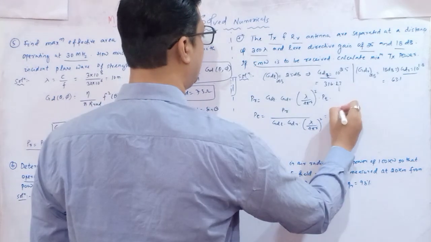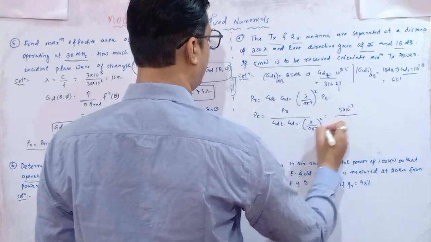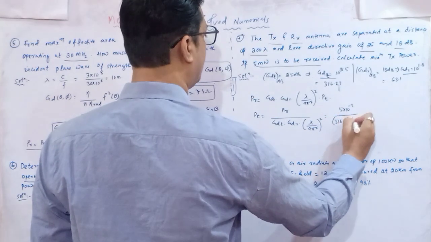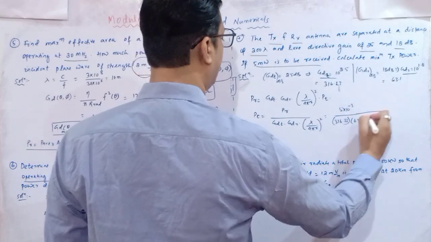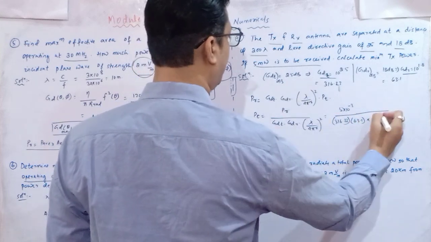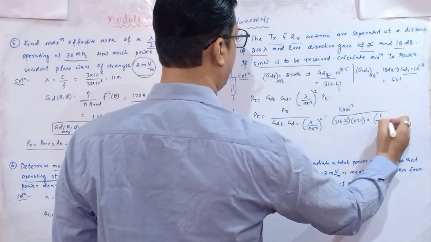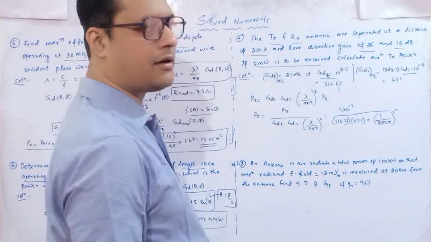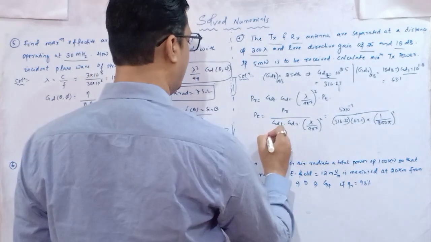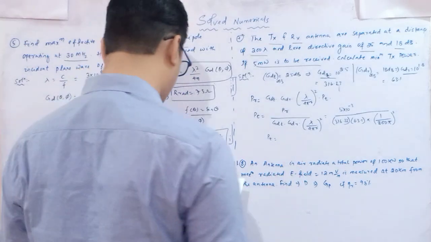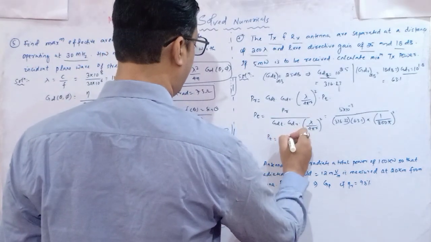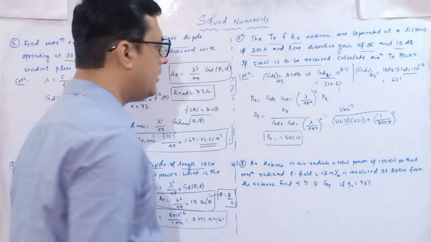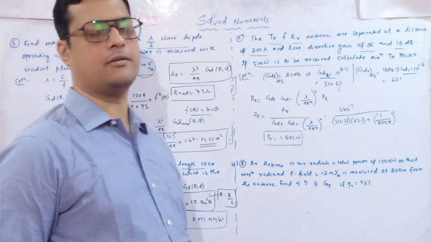Power received is 5 into 10 to the power minus 3, this is 316.23, this is 63.1, and lambda will be cancelled out. So it is 800 pi, whole square. If you solve this, you will get your power transmitted. After calculation, power transmitted PT is 1.583 watt. Okay, so like this we can solve the unknown factors.